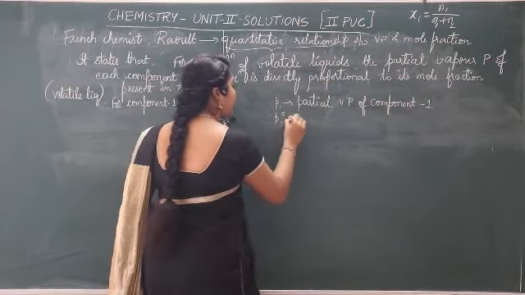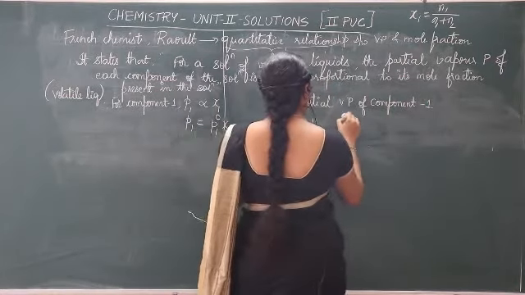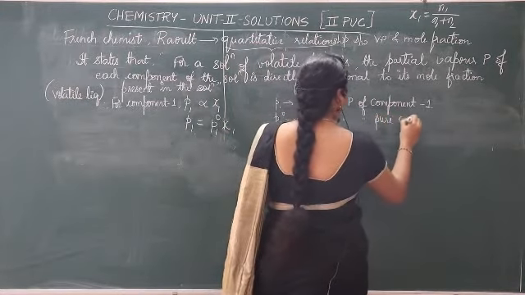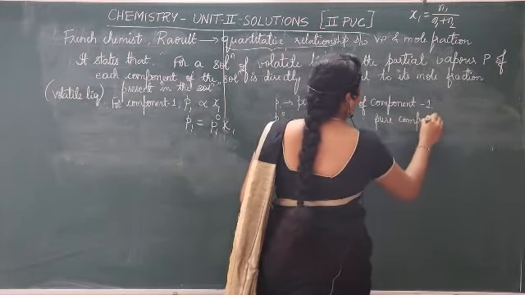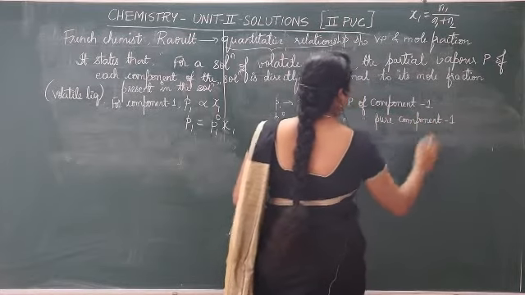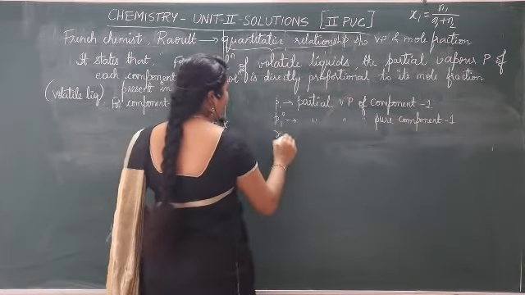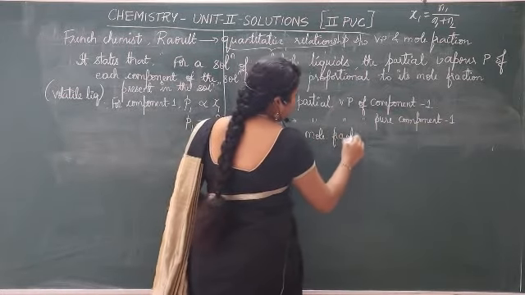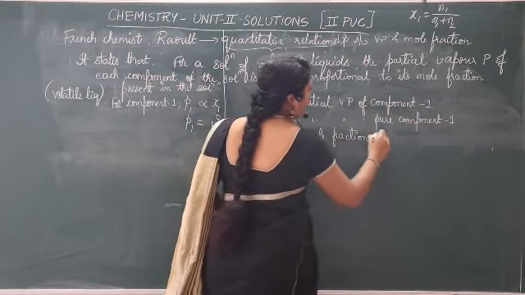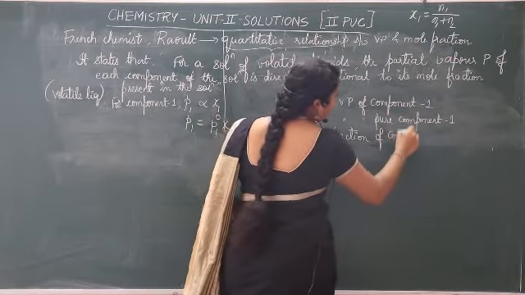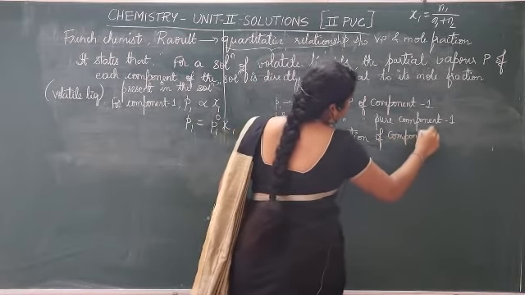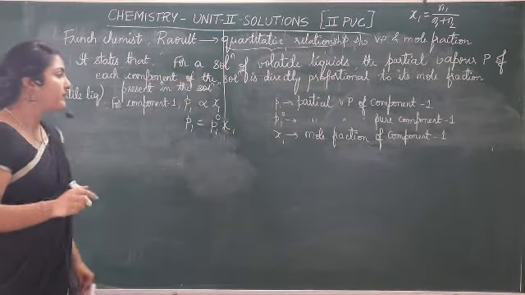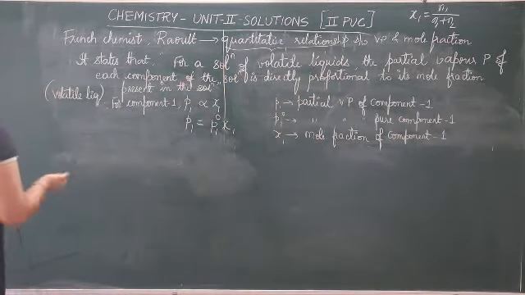P1 naught is the partial vapor pressure of pure component 1 at the same temperature. X1 is the mole fraction of component 1. Are you getting the point? Okay, that is for component 1.